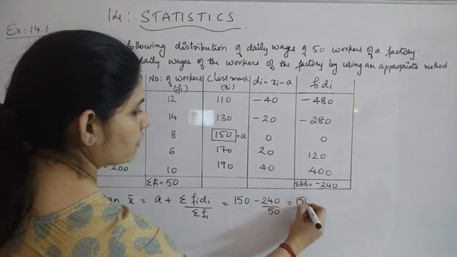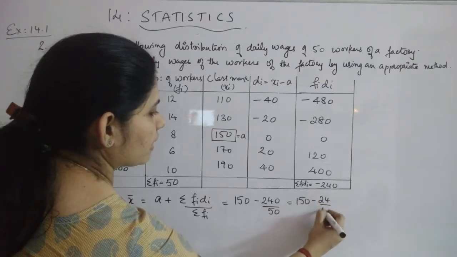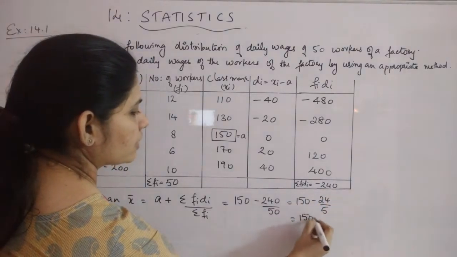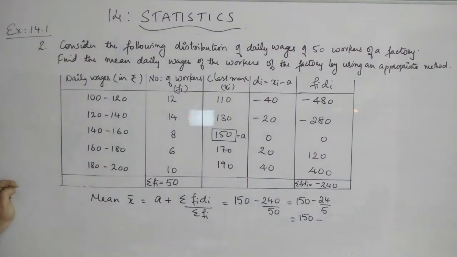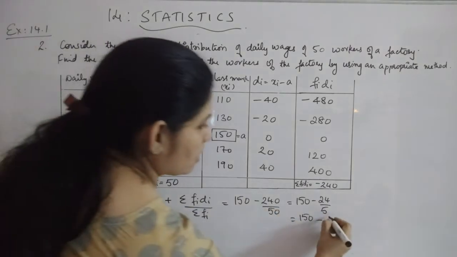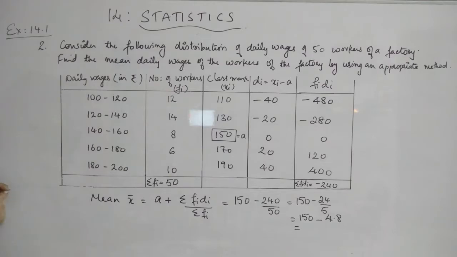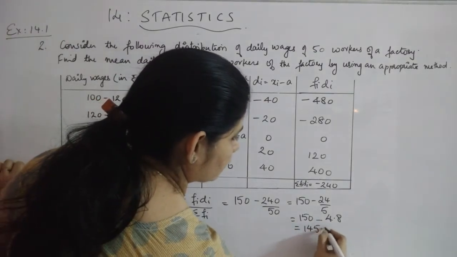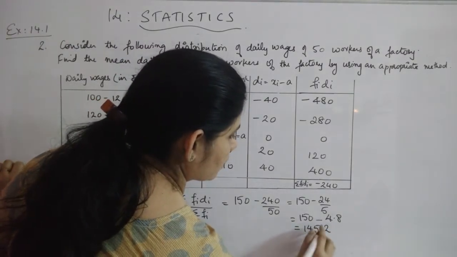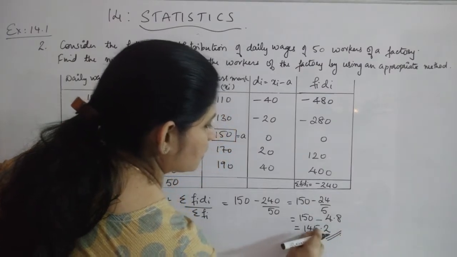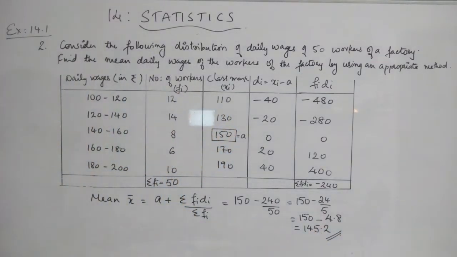So 150 minus 24 by 5. How much is 24 by 5? You will get 4.8. So 150 minus 4.8 is 145.2. So this is the mean using the assumed mean method.